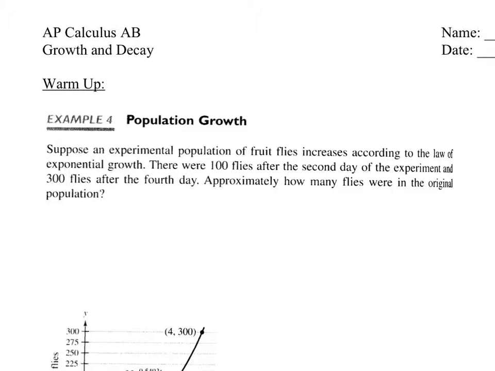What's our exponential model? y equals Ce^(kt). And we're actually looking for C here, right? So we're given 2 different counts, one on day 2, one on day 4. That's 2 points: (2, 100) and (4, 300).